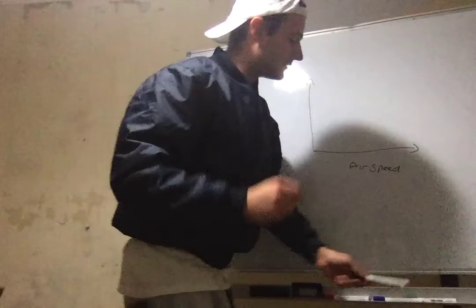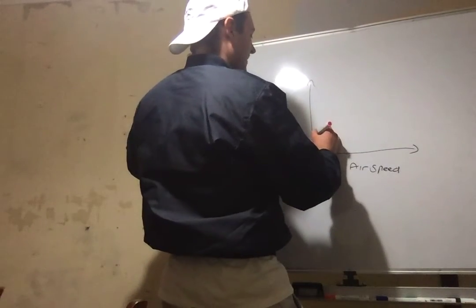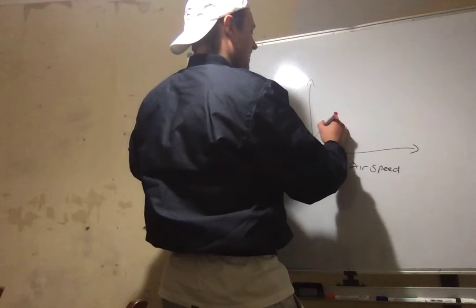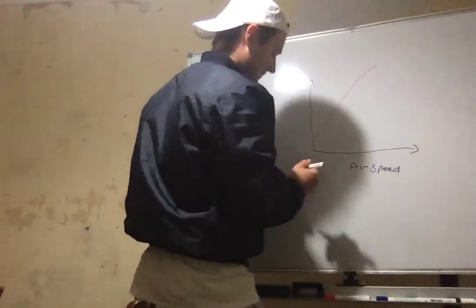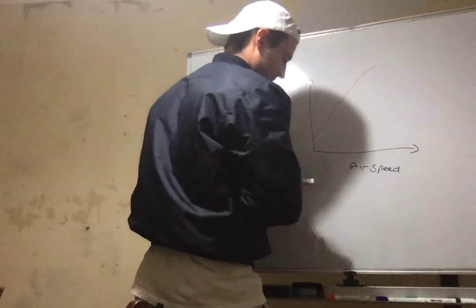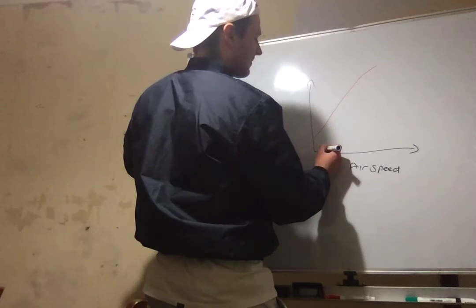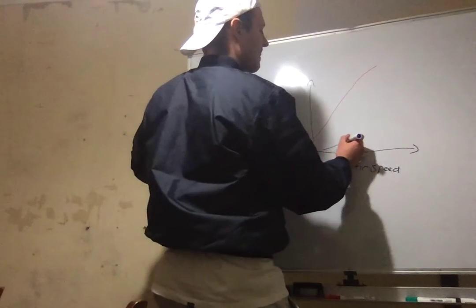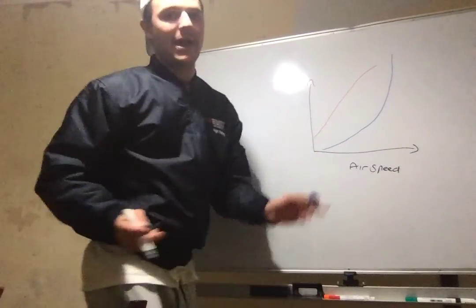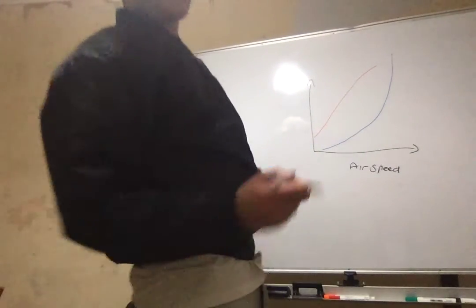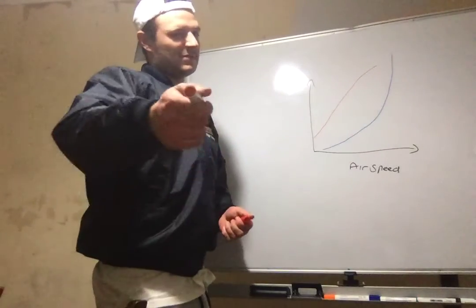So, there's going to be 2 lines on this one. Red. And blue. Now, if I left that how it is at the moment, do you think that'd be right?